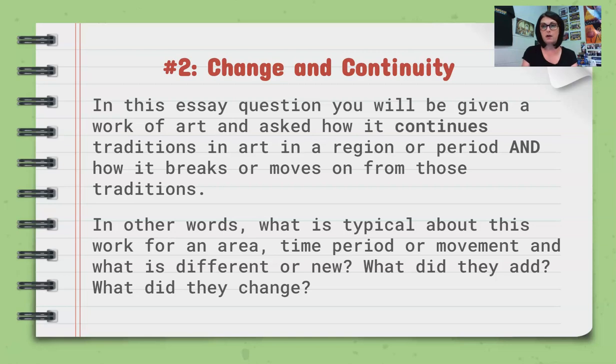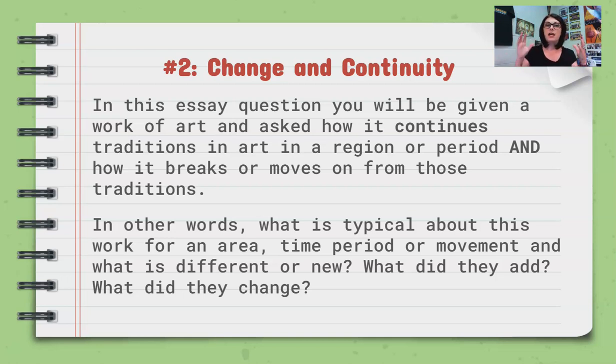How is this work a continuation of what we have already seen in this culture or this time period or this movement, right? So how is this traditional? What typical things does it continue that you would normally see? Then on the other side, how does it break from those traditions? How does it start doing something different? What is new about it? What did they add? What did they try different? What did they break away from?